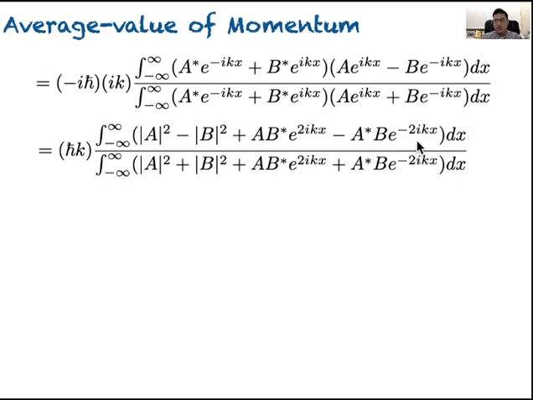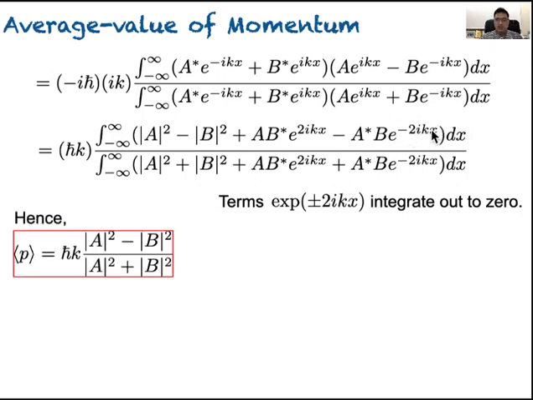Now if you integrate, the terms which are e to the power plus or minus 2ikx will be zero, and the whole thing can be written in a very simplified way as h cross k times mod of a squared minus mod of b squared, divided by mod of a squared plus mod of b squared. What we are trying to get is what part of the total wave function is moving right.